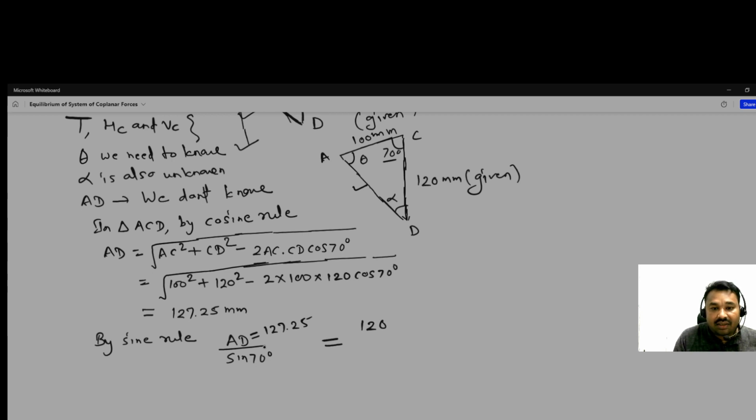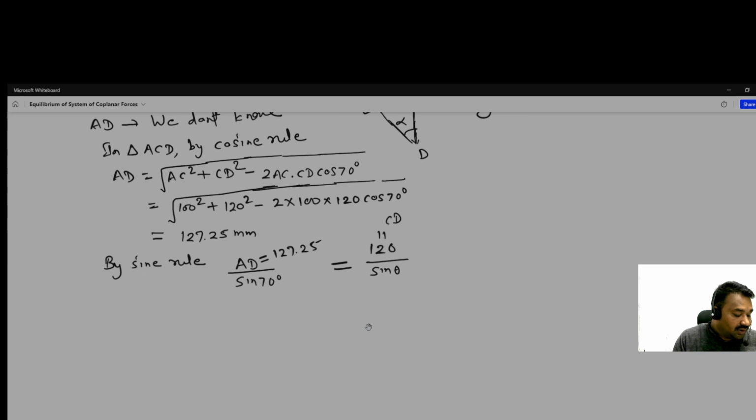Okay, it is equal to 120 divided by sine theta. So from here we can know the theta, we get 62.39 degree.